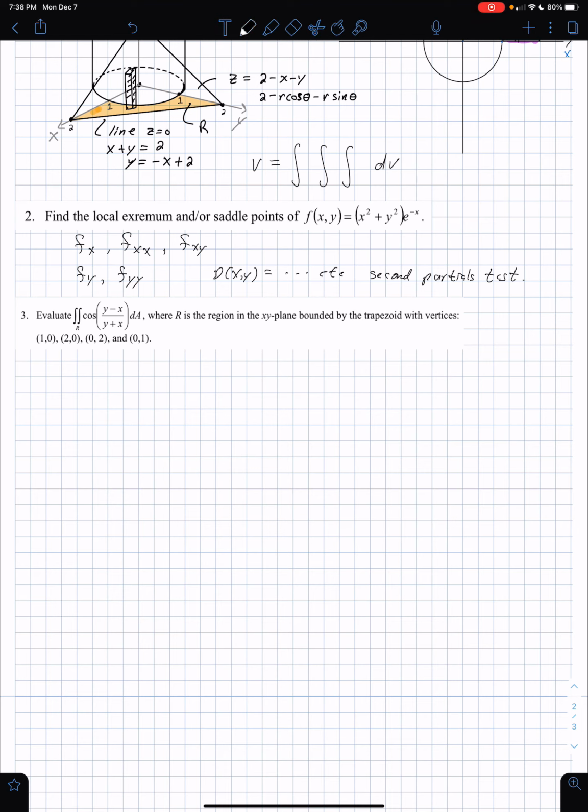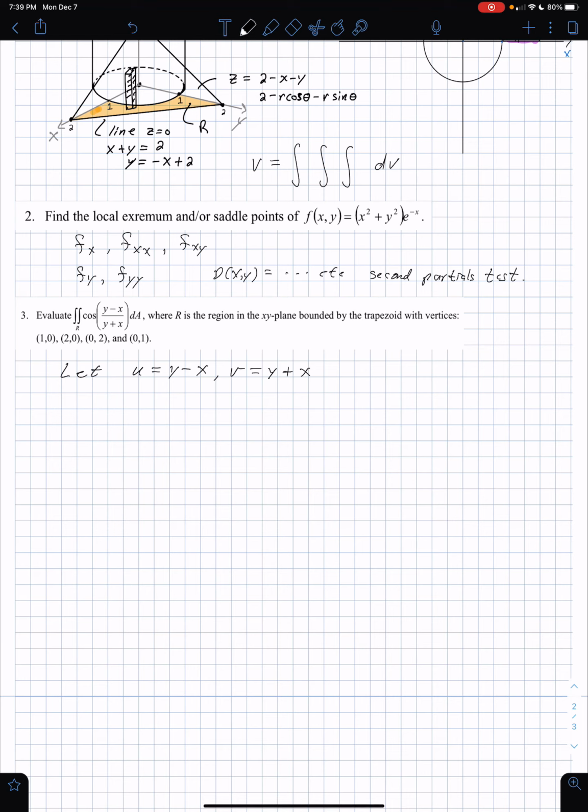I'll tell you what to pick u for. This, again, I wish I could talk about this more. I probably will if you see this before we do our problem session. I will probably go over this one, or one very similar, but we're going to set this up a little bit. Let u be y minus x, and let v be y plus x.